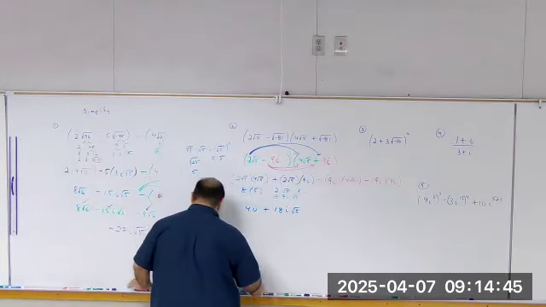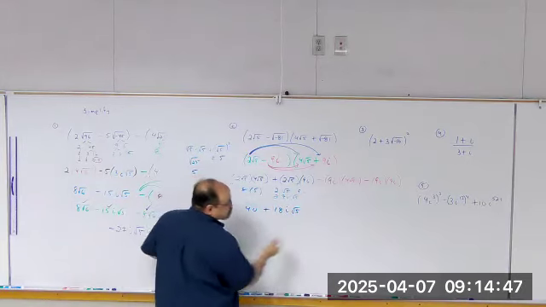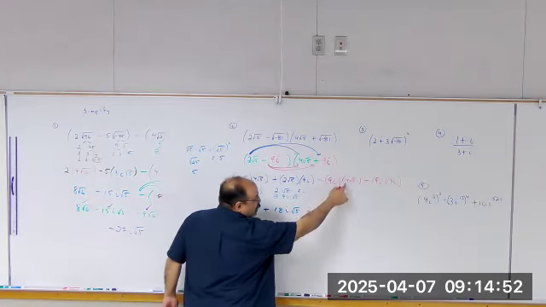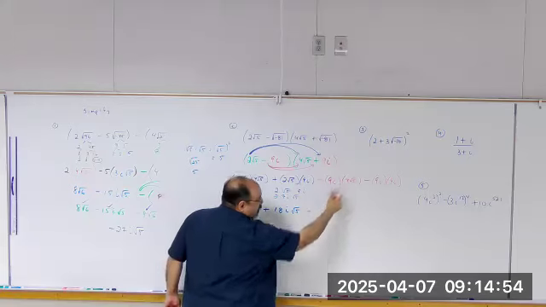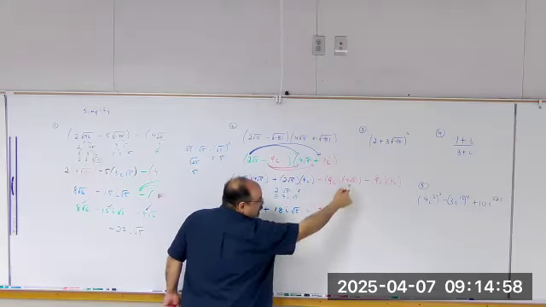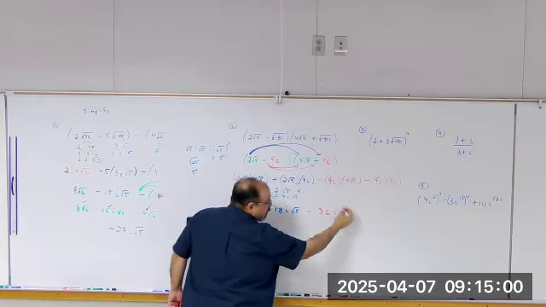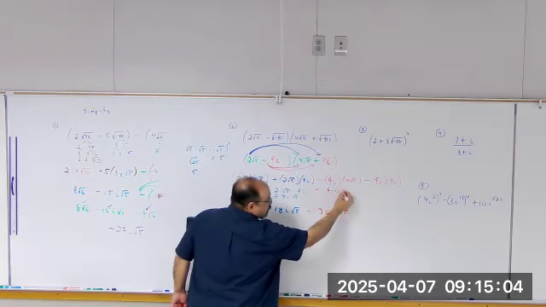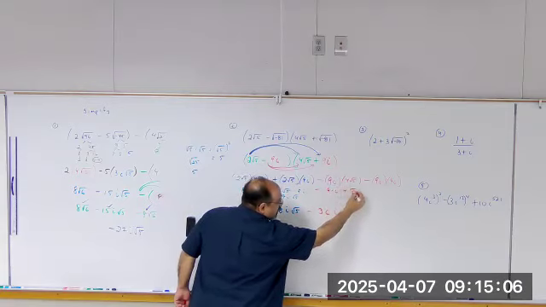So that minus 9i times 4 square root of 5. So 9 times 4, that's 36 with an i and a square root of 5. Minus 9 times i times 4 times square root of 5.